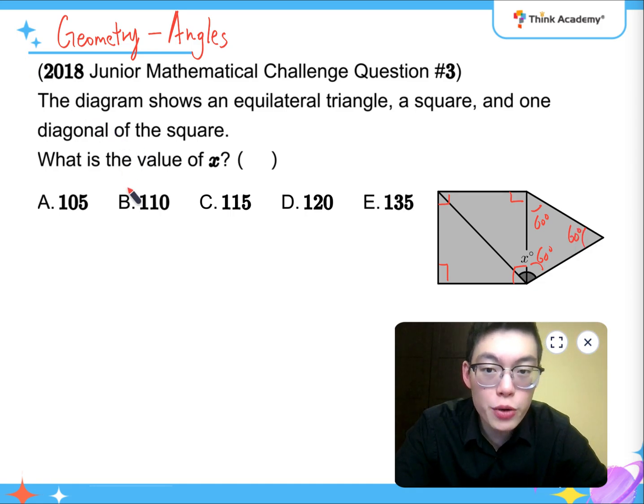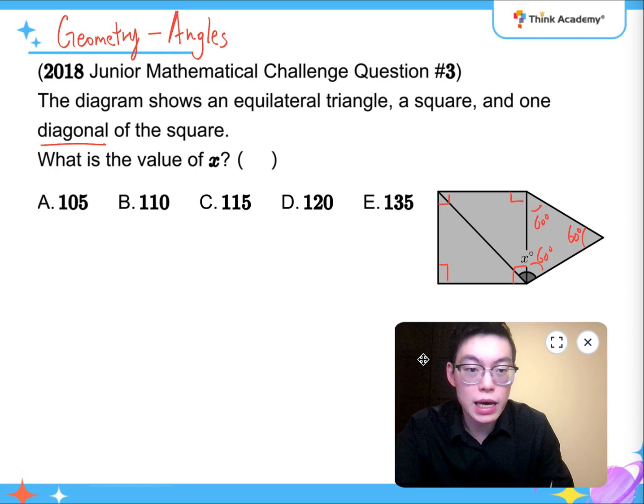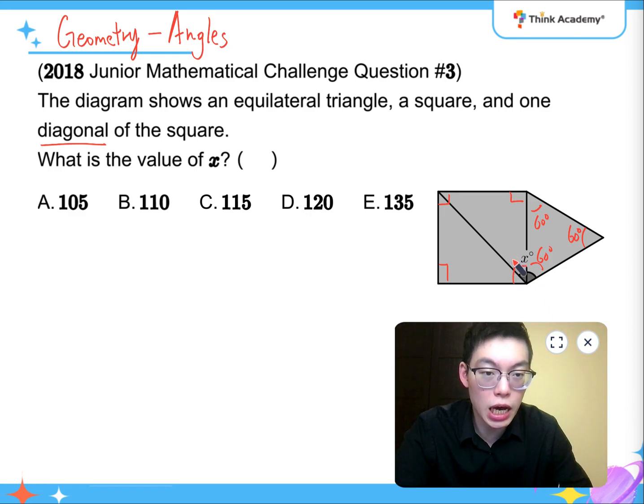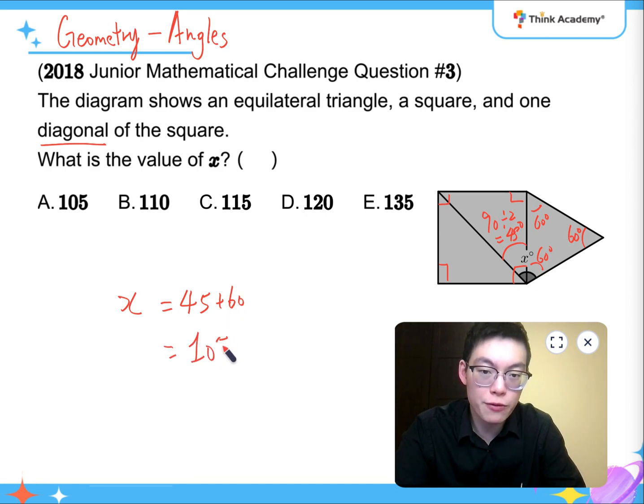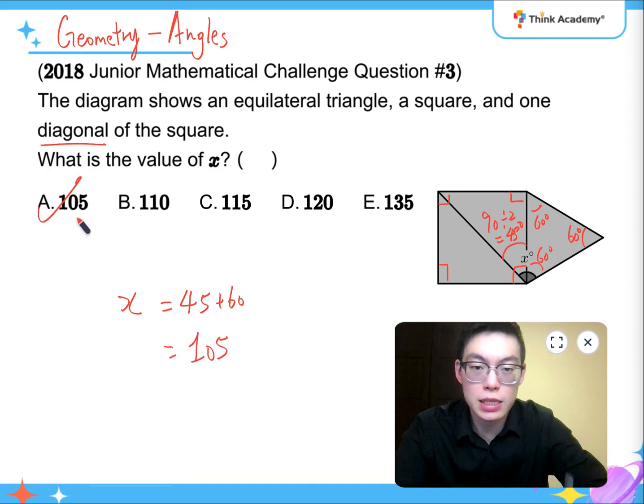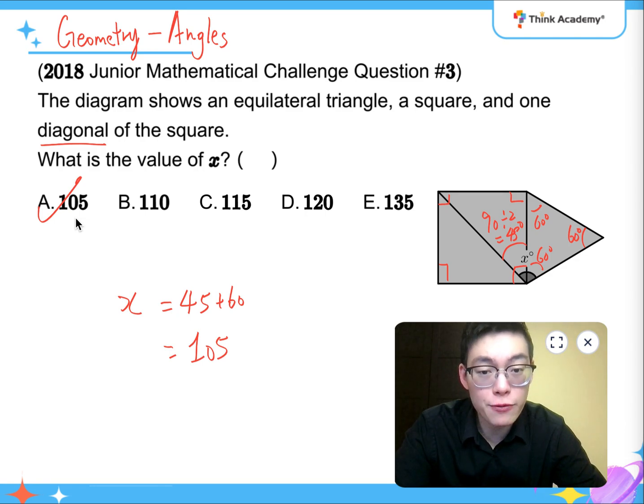We also know that a diagonal of a square is going to cut the right angle into halves, which means that each half is going to be 90 divided by 2, which is 45 degrees. So now we can see that X is formed by a 45-degree angle together with a 60-degree angle. So that's going to be 45 adding 60, which is 105. All right, so that's the value of X, 105.